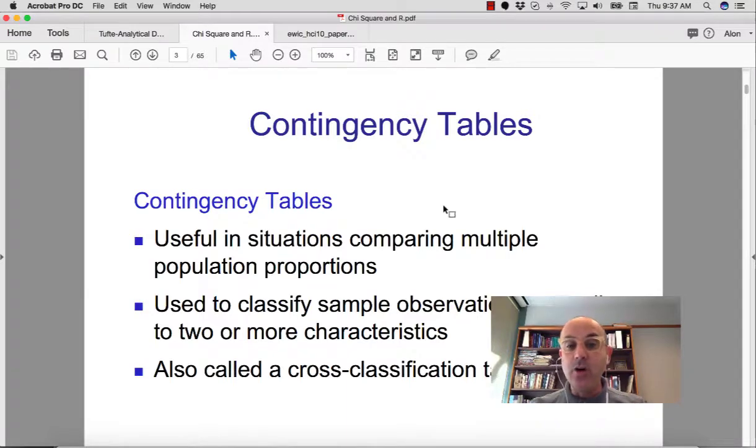The idea of contingency tables is very useful when we are trying to compare multiple population proportions. So it is used to summarize simple observations according to 2 or more characteristics. So it is also called, in statistics, a cross classification table.